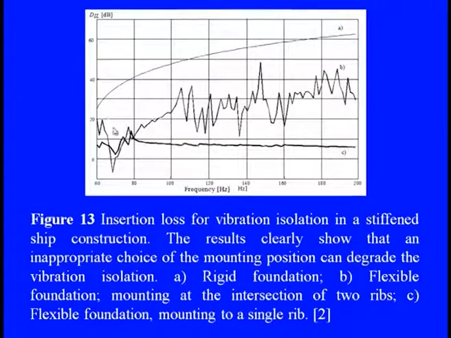Second, curve B shows the flexible mounting. When the flexible mountings are there, we know that the actual deformation associated with the vibration transmission in the isolator is a nonlinear feature.